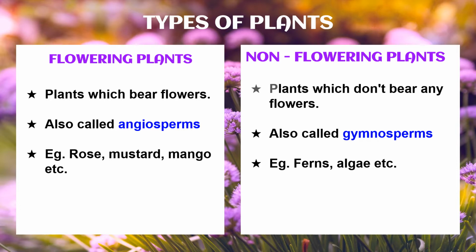But in the case of gymnosperms, they have some special structures which help them to continue their species. Examples of angiosperms are rose, mustard, mango, and many more. In the same way, examples of gymnosperms are ferns, algae, etc.